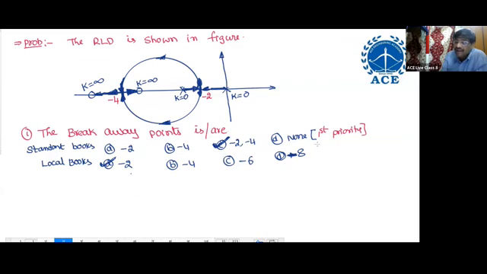If it is not there, then this is second priority, only leaving the real axis. Similarly, the break-in point is R, if you ask.